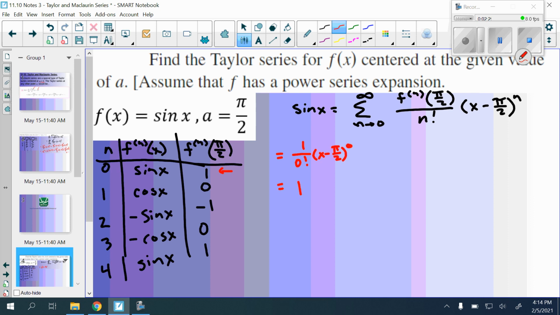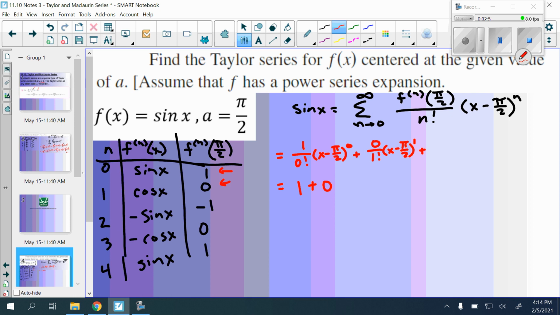So this first term is just going to be 1. Next one. Now we're putting the next value in, which should be 0. It's not going to really matter what this other stuff is, because 0 times anything is going to be 0.